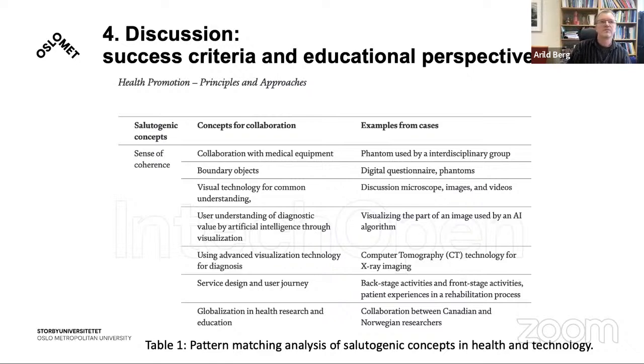As you can see in this image, the salutogenic concepts are on the left, and the examples from the cases on the right, which were the practical examples. In the middle is the analysis where we try to identify concepts for collaboration in health and technology based on the examples from practice.